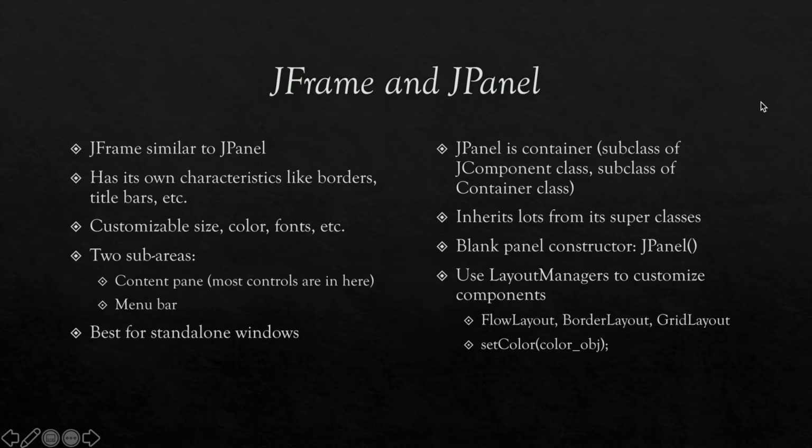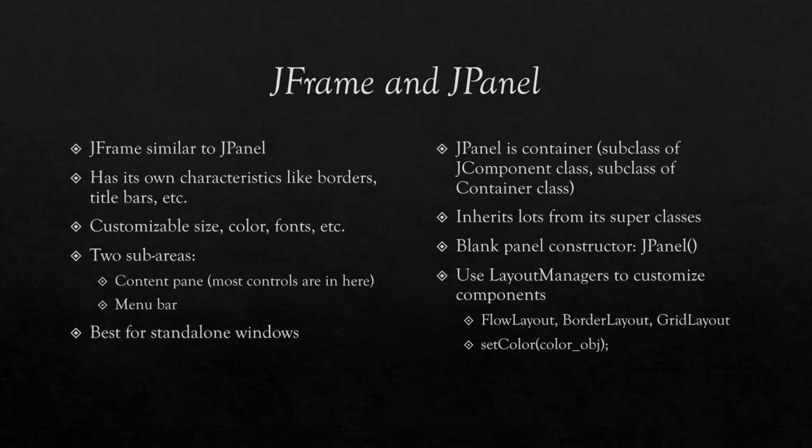JFrame and JPanel are very similar to each other. They are both a container. They are a subclass of a JComponent class, which is a subclass of a container class. So a JPanel is a container, and it inherits a lot from its superclasses. So it can hold lots of things like fields and labels or buttons.